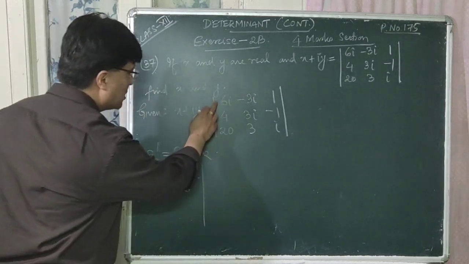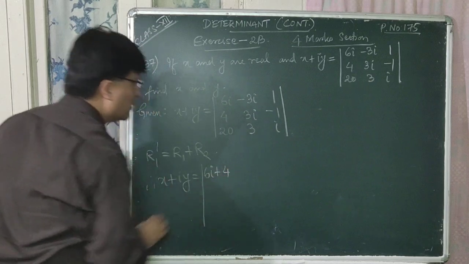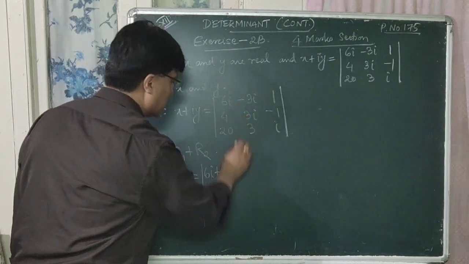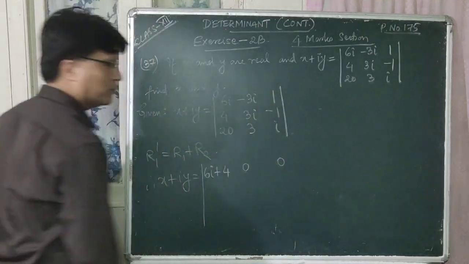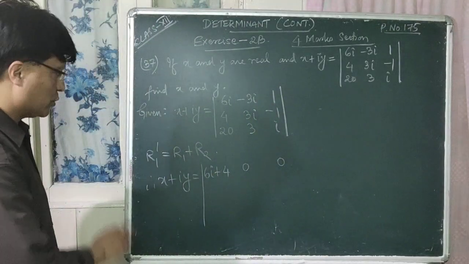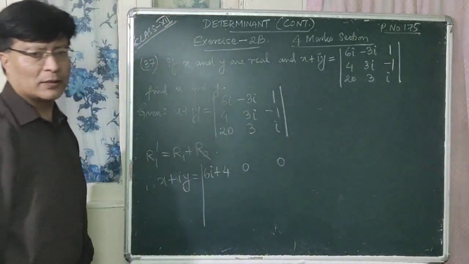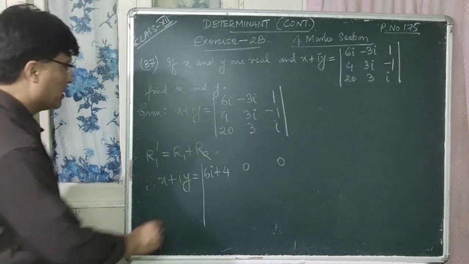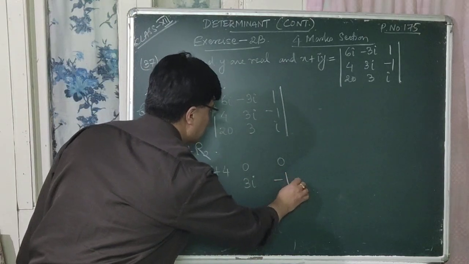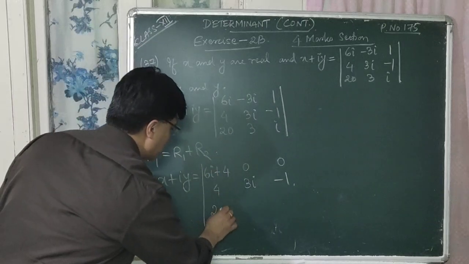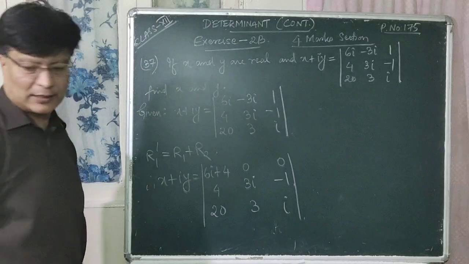How does it change? 6i plus 4, next, minus 3i plus 3i, 0. 1 minus 1 is also 0, right? So this is the new first row. And second row and third row remain same, that is 4, 3i, minus 1, then 20, 20, 3i. Is that clear to all of you?